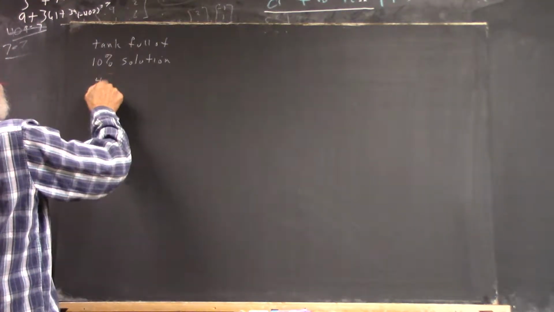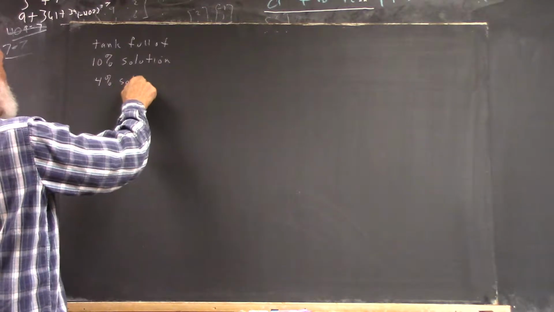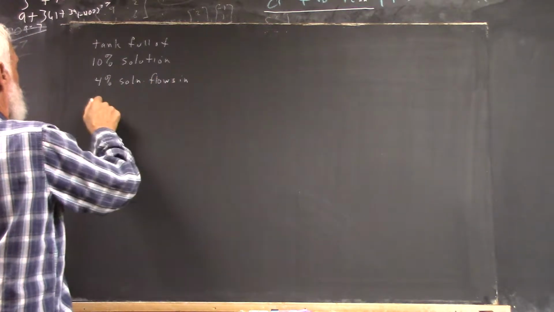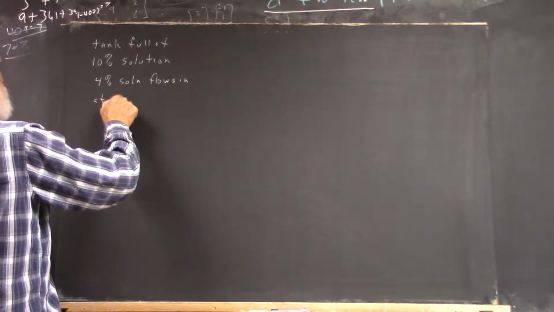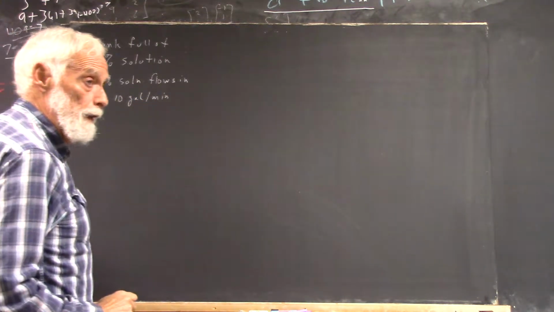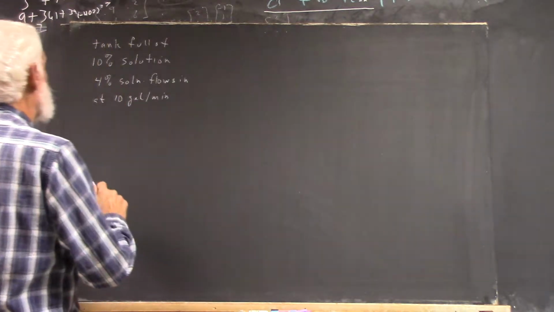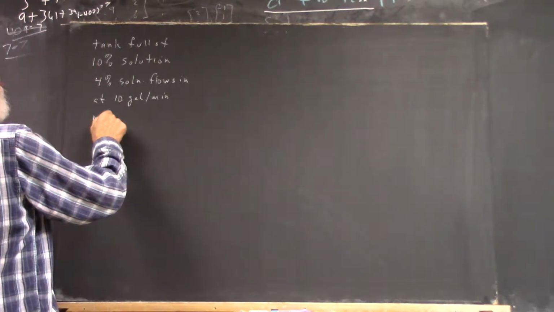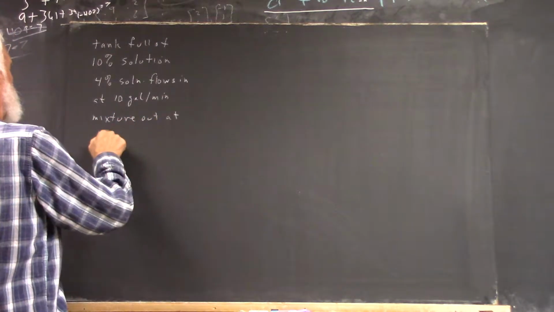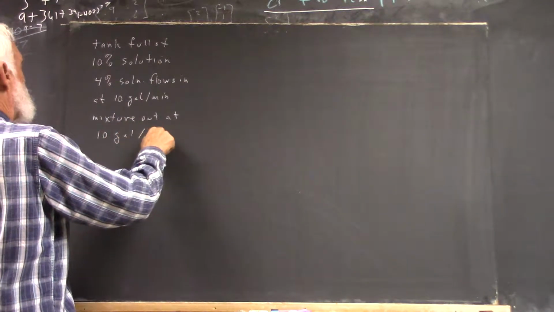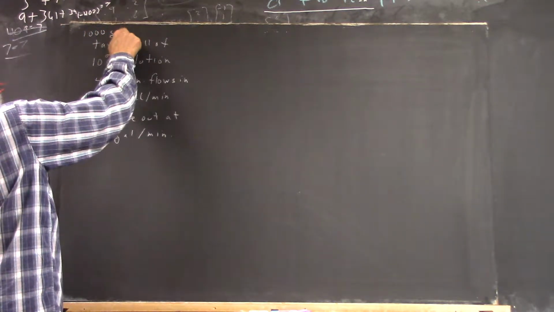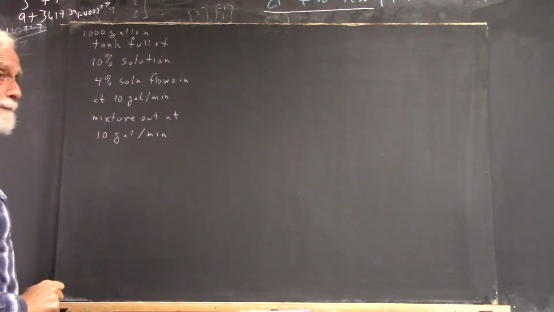And 4% solution flows in at 10 gallons per minute. And let's say it's a 1,000-gallon tank. Okay?